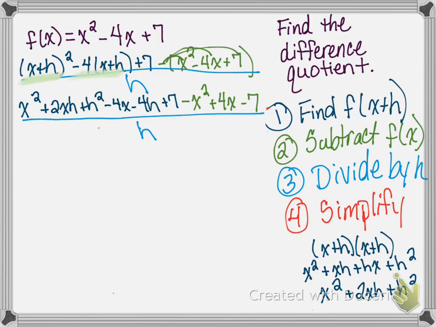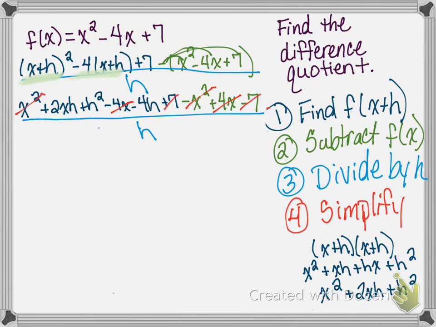And then I'm dividing by h. At this point, we're simplifying. And we've got lots of stuff to simplify out. My x squared and my minus x squared, negative 4x, positive 4x, positive 7, and negative 7.